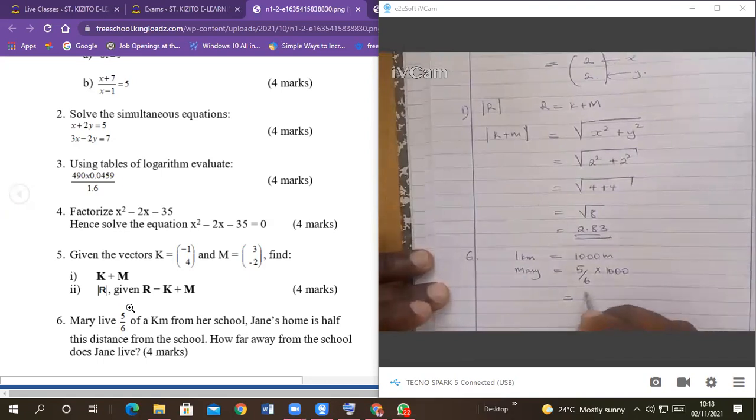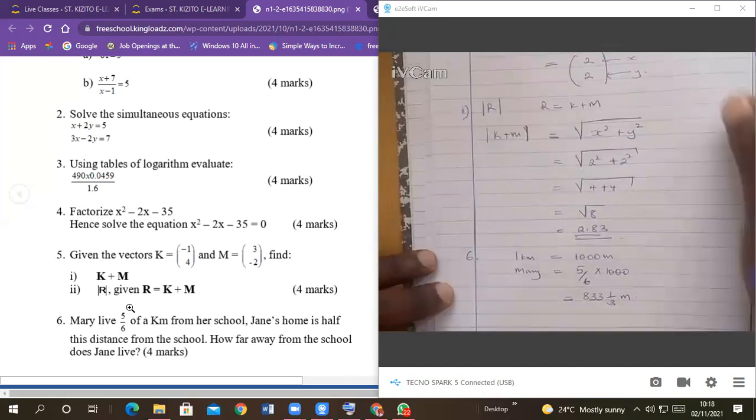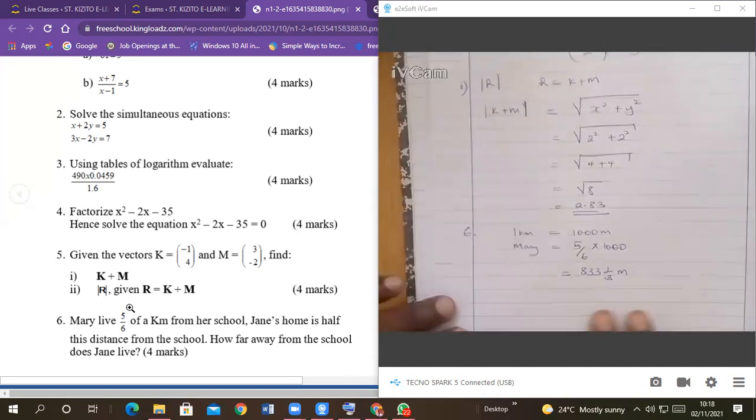So she's living 833 and a third meters. That's her distance from the school.